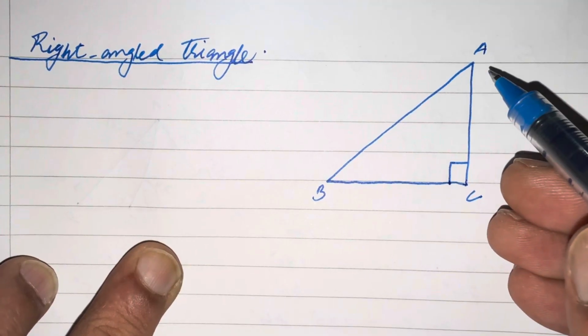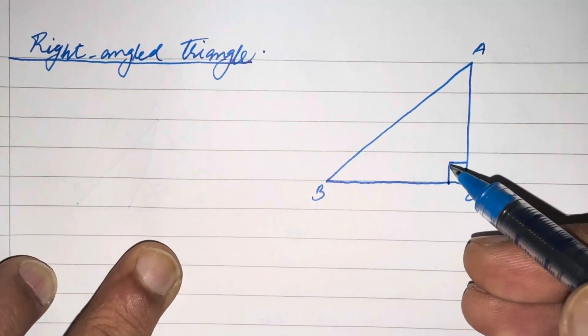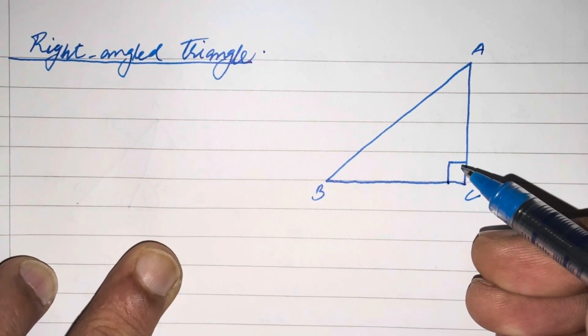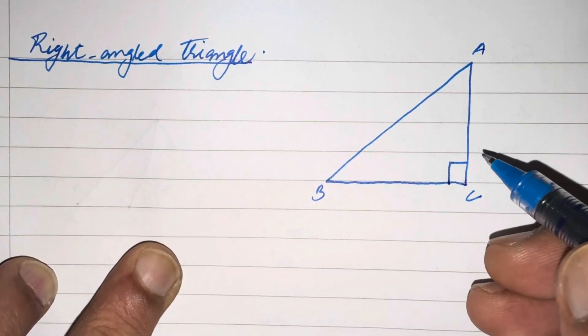The triangle having one angle equal to 90 degrees is called a right angle triangle.